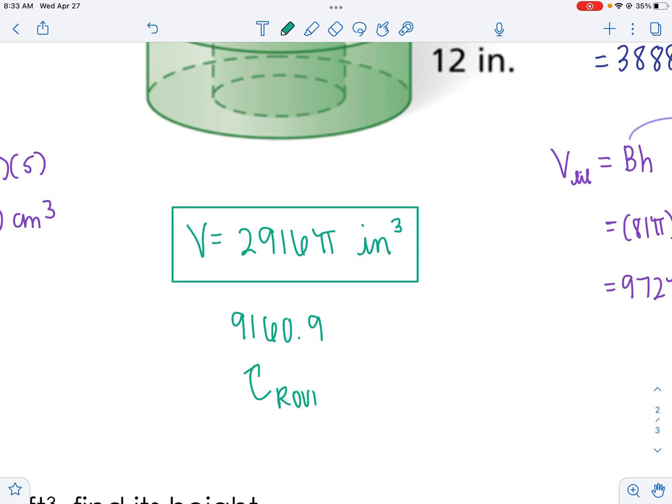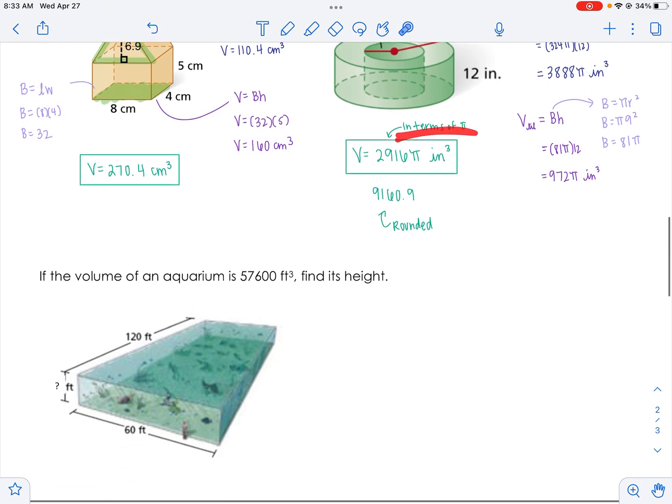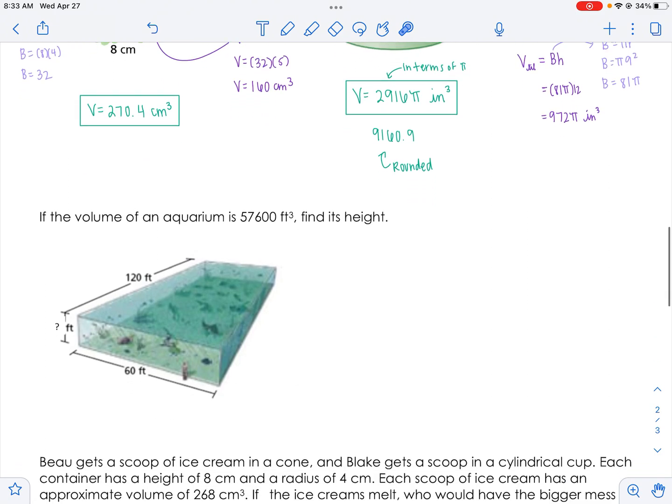So this is rounded. It means I actually type pi into the calculator. And then in terms of pi, it's kind of the opposite of what you think. In terms of pi means we don't put pi into the calculator, we just write it. But if it's rounded, then I have to actually type it in. So it's a little bit backwards. In terms of pi means we don't actually type it into the calculator.